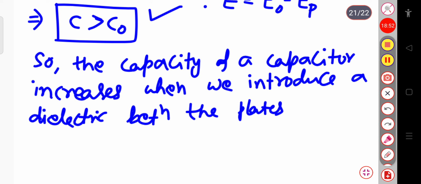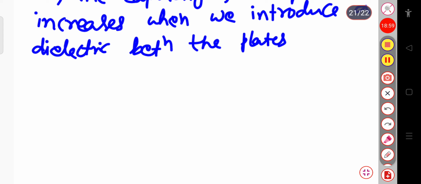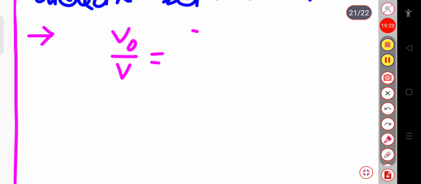Now similarly we can calculate the potential difference. If I calculate the ratio between the potential differences, that is V naught divided by V, V naught is nothing but E naught D, and V is E into D. So D with D gets cancelled.